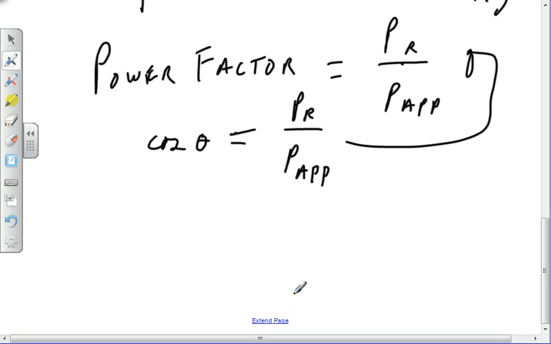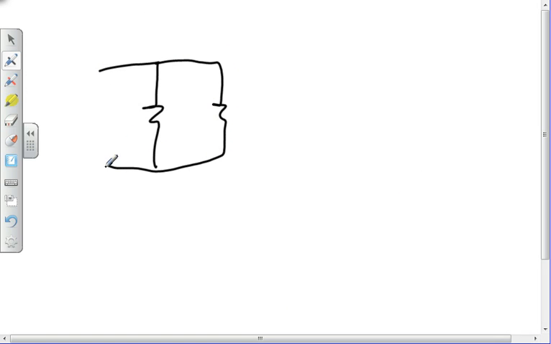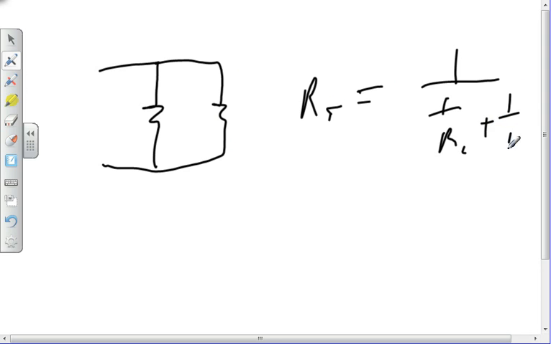All right, now, if I have a circuit that's in parallel, so I've got resistors in parallel, then resistance total is going to be 1 over R1 plus 1 over R2, right?